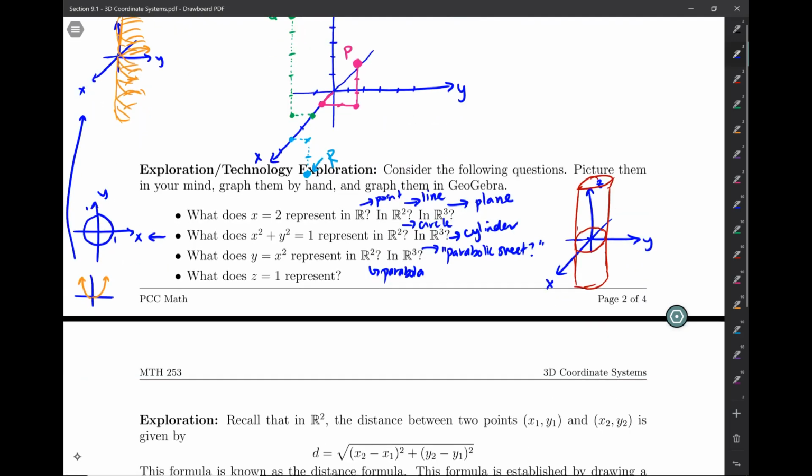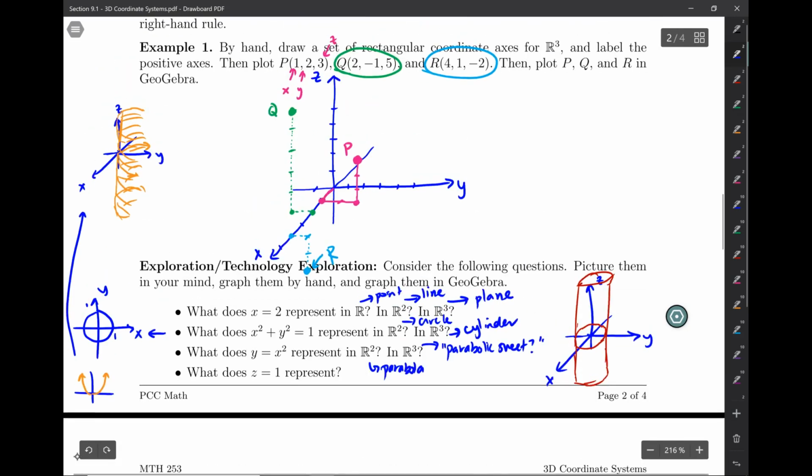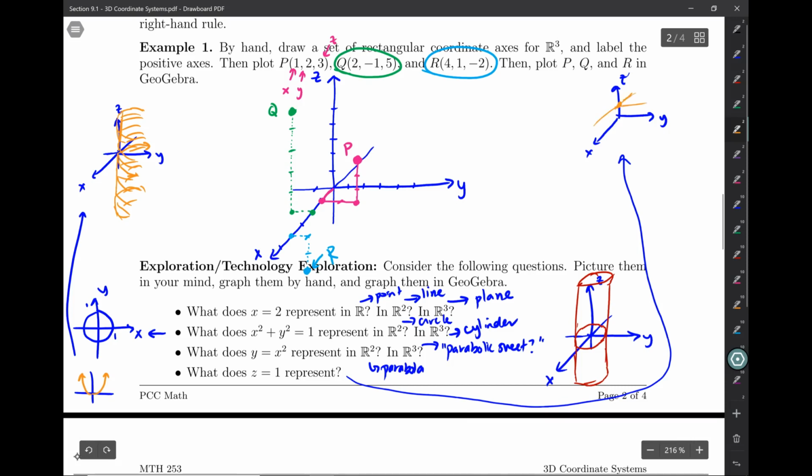So in R3, what this would be is, I think I'll go ahead and do this one over here. X, Y, Z. So it's basically saying z equals 1, right? Z is 1. But then x can be anything and y can be anything.